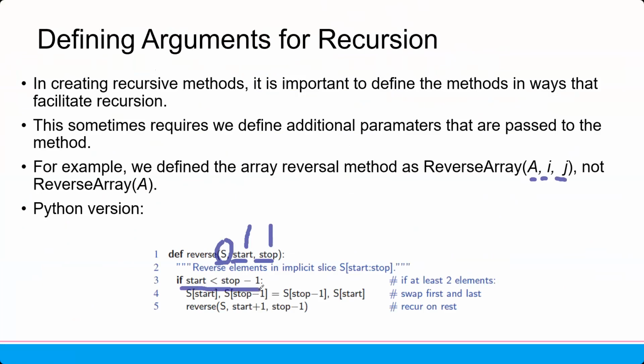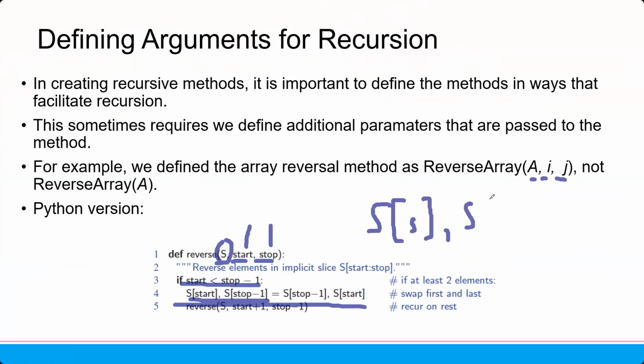So if start is less than stop minus 1, we will swap. Do you know what this means? S at index start, comma, S at index stop minus 1, will become S at stop minus 1, comma, S at start.